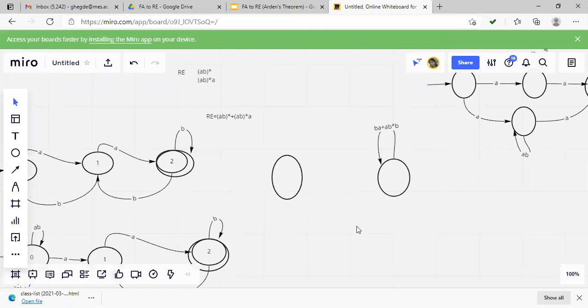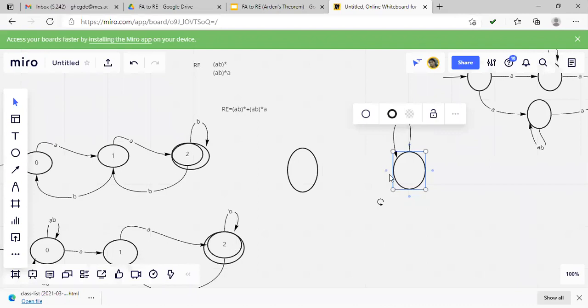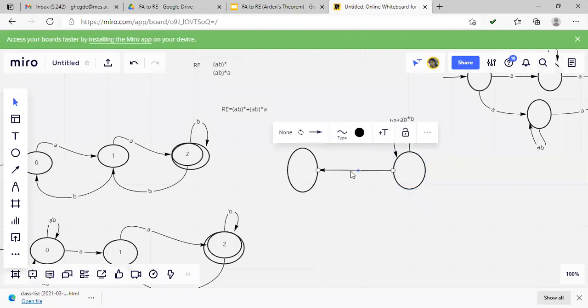So from 1 to 0, I'll be remaining with B, since I'm deleting the incoming arrow of the loop. Here also I'll delete this and keep this as it is.